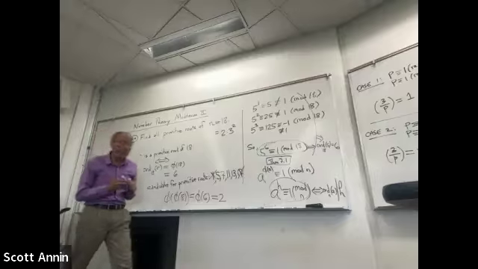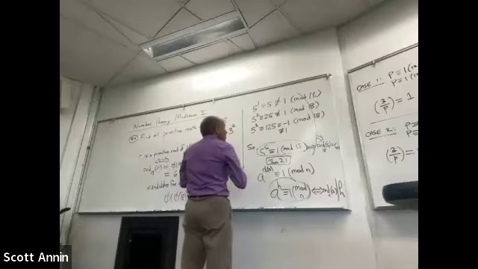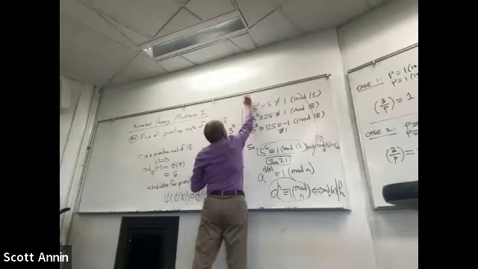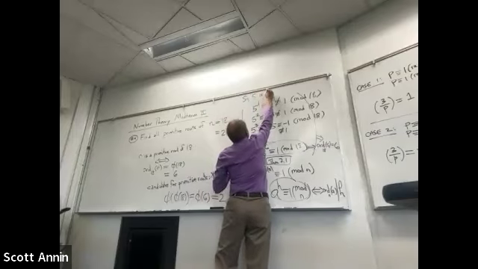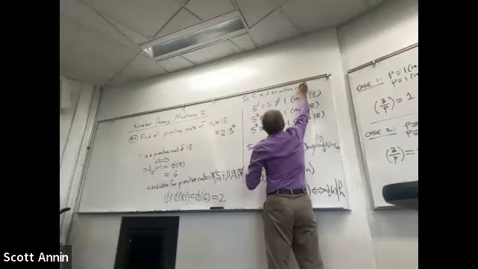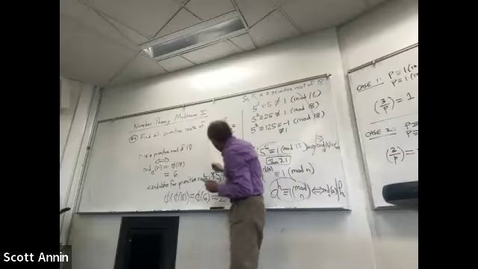So 5 is a primitive root. Okay, so let's write that down somewhere. So 5 is a primitive root of 18. I've got one winner right here, and that would be 5.